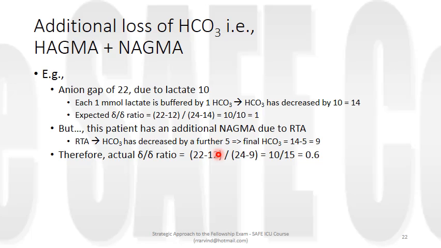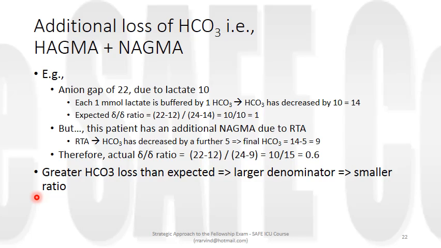The actual delta-delta ratio in him: the anion gap is still 22, so 22 minus 12 divided by 24, the normal bicarb, minus 9. So it's 0.6, lower than normal. You expect it to be 1, but it's actually much lower than 1.